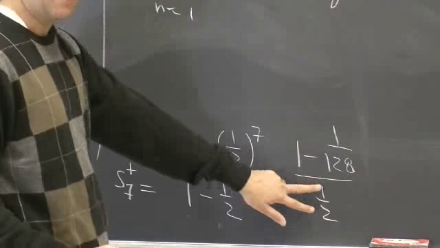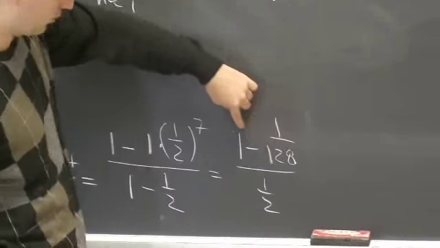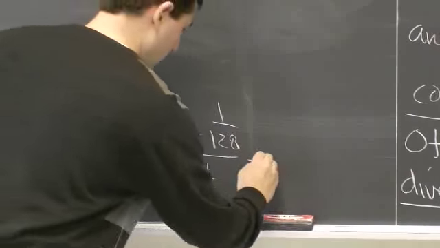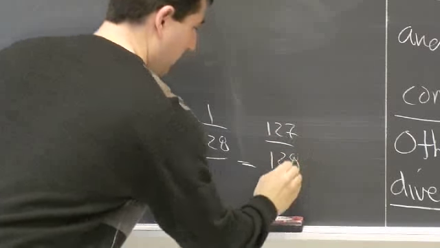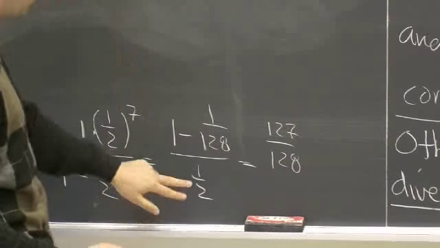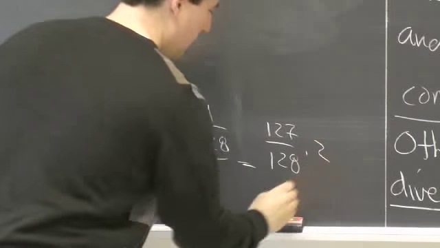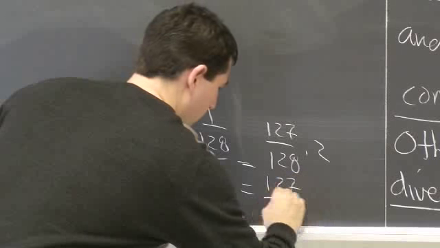Of course, dividing by half is the same thing as multiplying by 2. And subtracting 1/128 from 1, that's very easy. It's just 127 over 128. Then we multiply it by 2. So that'll turn this into 127 over 64.